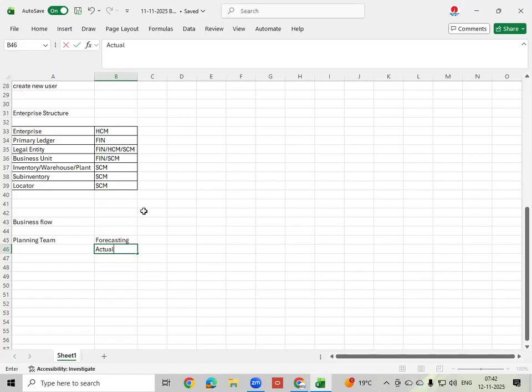So this will be maintained in the planning department, planning team. Then based on this forecasting demand, they will forecast for make items and buy items, right? For both, they will forecast make item and buy item.